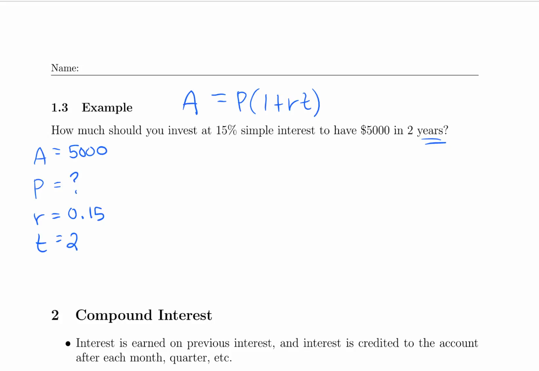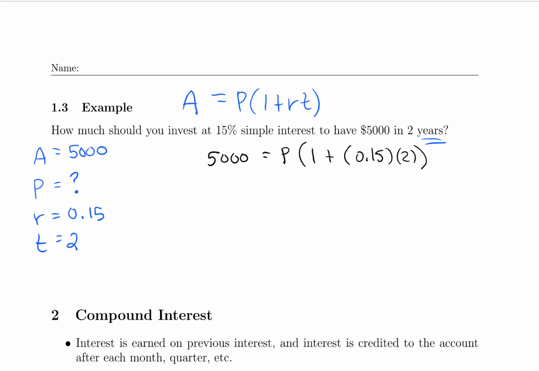Even if we weren't clear from the problem what we were supposed to solve for, if we can identify what each of the pieces represent, then the leftover is the principal, and that tells us we're solving for the principal. So let's set up our equation. We have $5,000 equals our unknown principal times 1 plus 0.15 times 2.